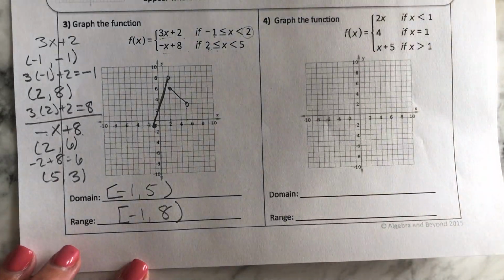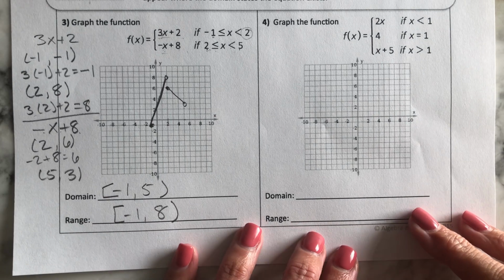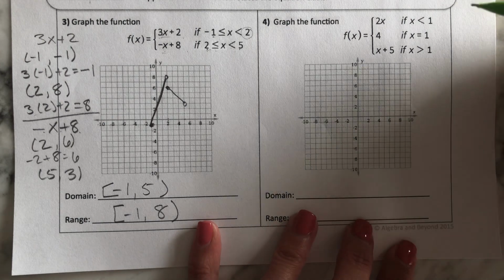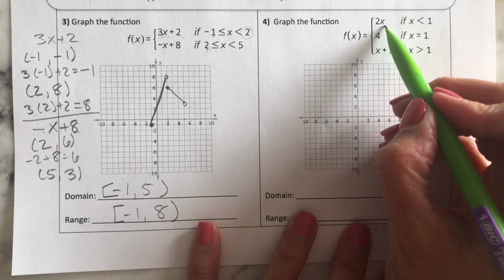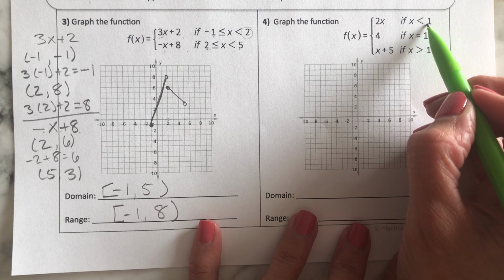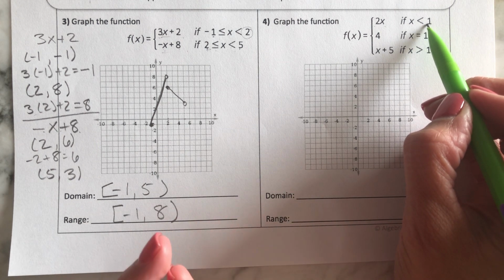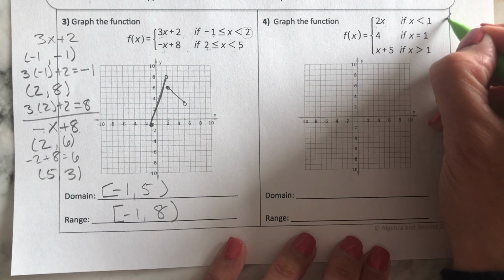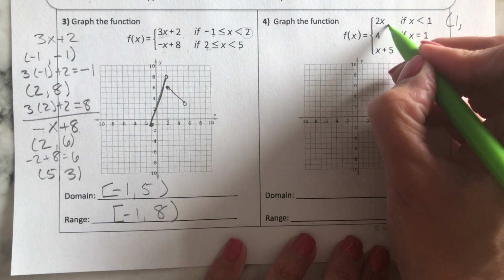Okay, let's try the next one. Try this one on your own if you haven't already, and then restart. So 2x, and this time we only have one x value, so there's only going to be one point to work with. Plug in 1, so that would be the point 1, 2 times 1 is 2.